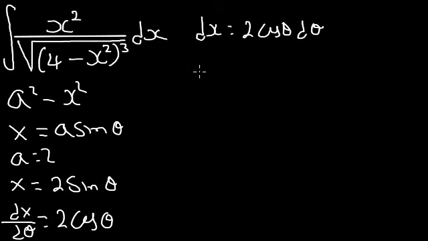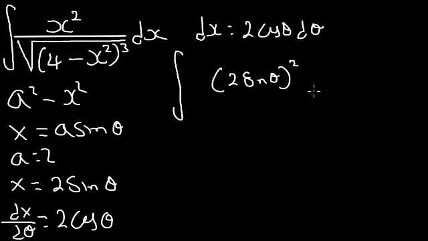Now let's substitute. It turns out that the integral will now become x squared, that will be this value raised to the power of 2, and that will be 2 sine theta all raised to the power of 2, and this will be dividing. Wherever we see x, we just need to replace.